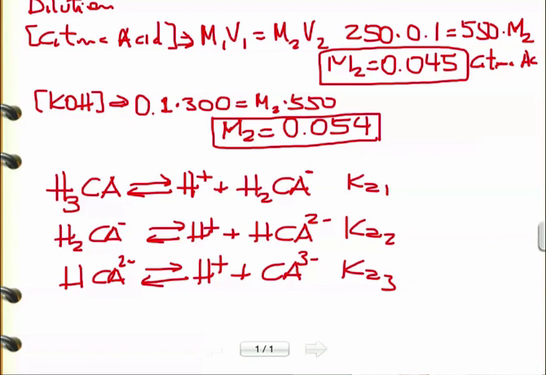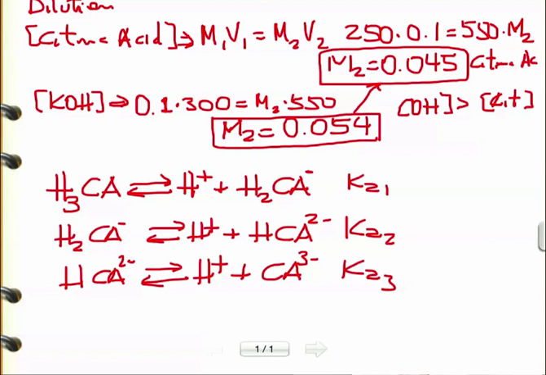Look, potassium hydroxide has enough to kill the first proton: 0.054, and there's only 0.045 of citric acid, right? So the concentration of hydroxide is larger than the concentration of the first proton for citric acid. It consumes entirely the first proton.